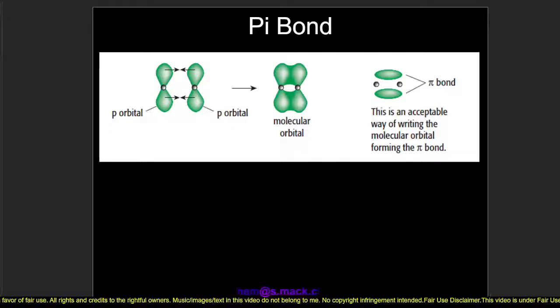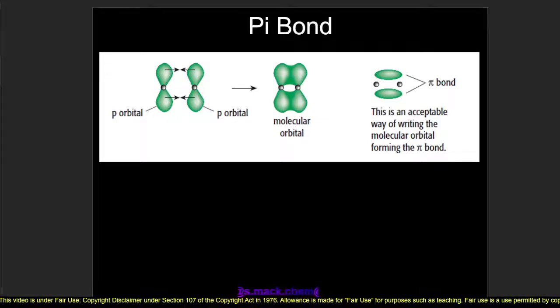On this page, we see a pi bond, also called a pi molecular orbital, where a pi bond is formed by the sideways overlap of two p orbitals. As seen in the diagram, we have some sideways overlap of our 2pz orbitals, and we see that the molecular orbital formed shows electron density above and below the internuclear axis.